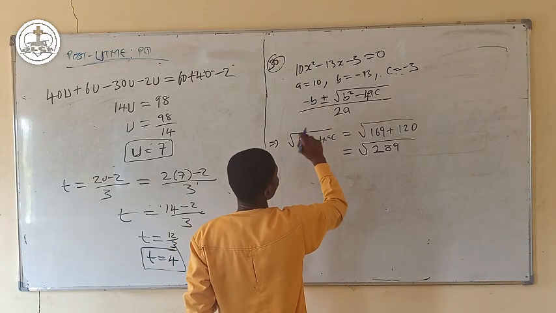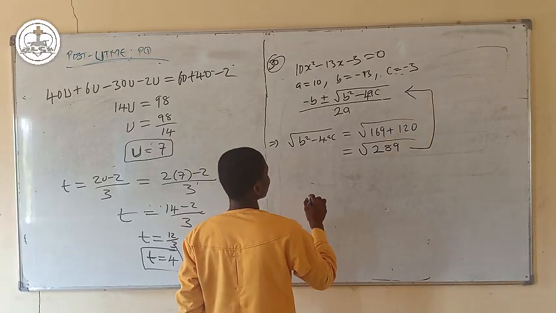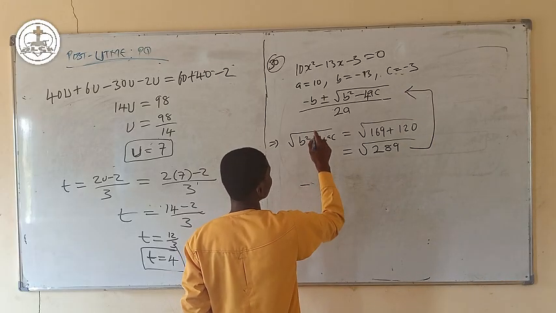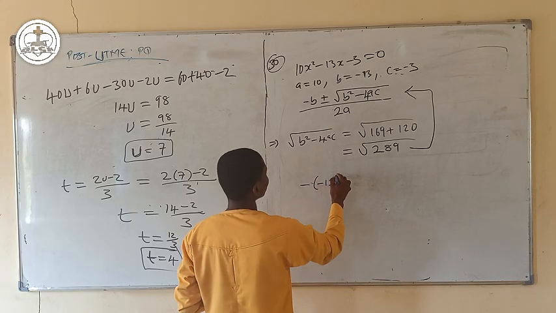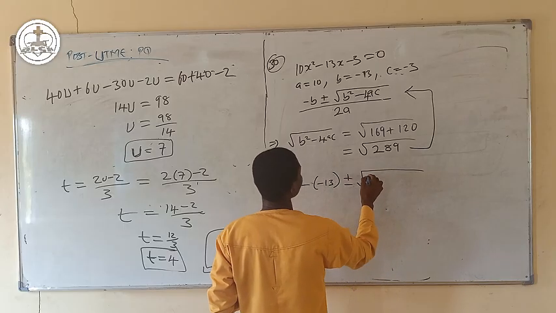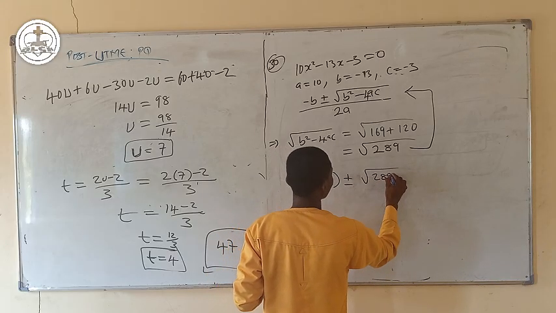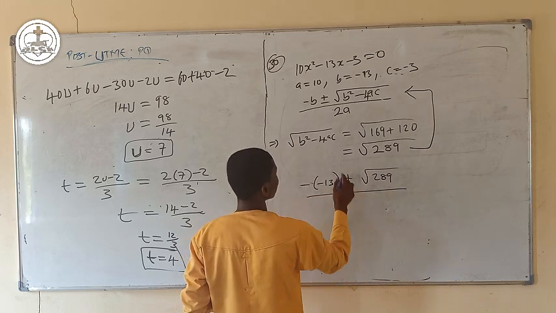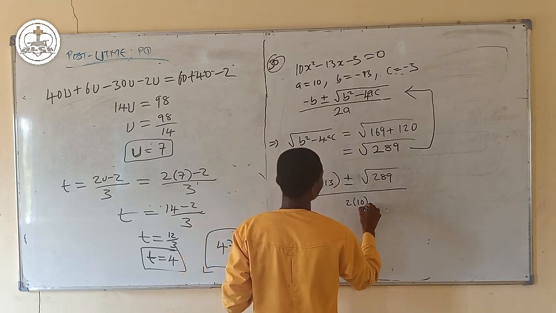So we can take this back to our almighty formula. Minus b, we already know our b is minus 13, so that's 13 plus or minus root 289, our discriminant, all over 2a. a is 10, so that's 2 times 10.